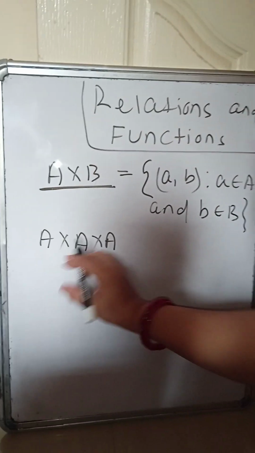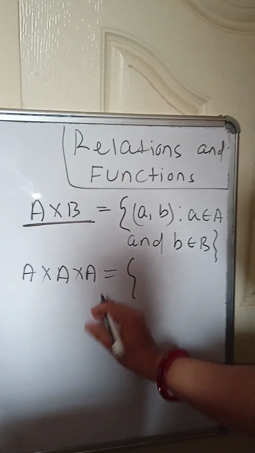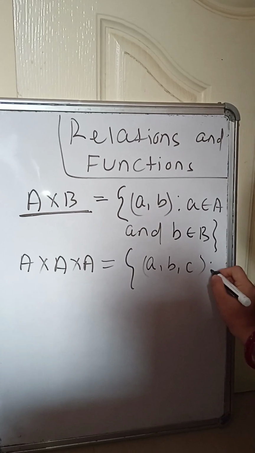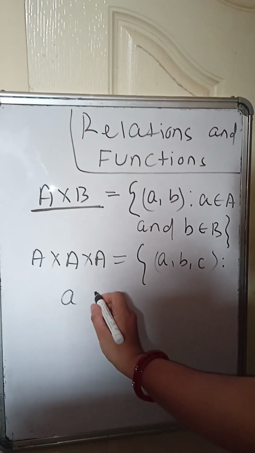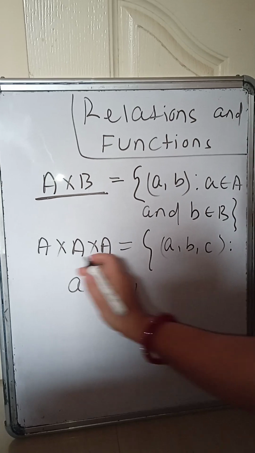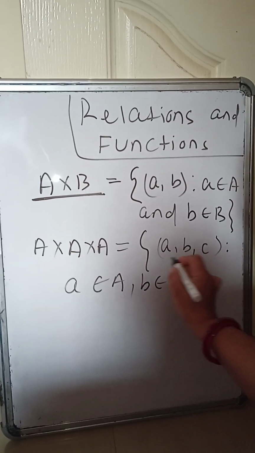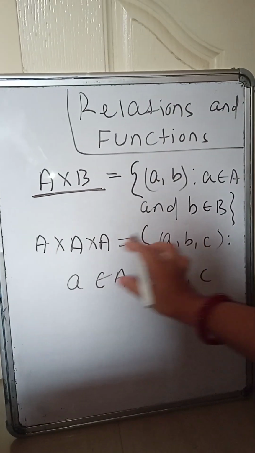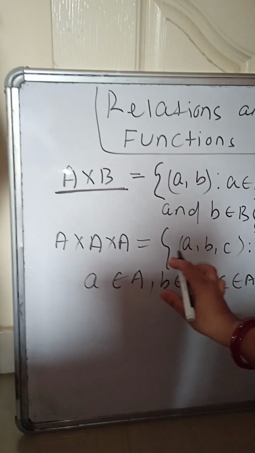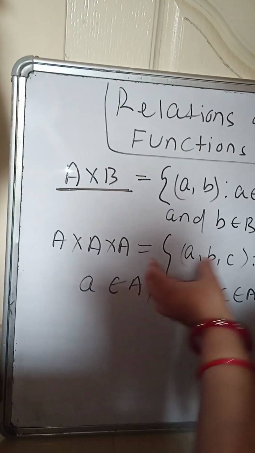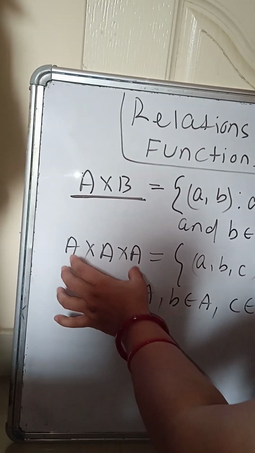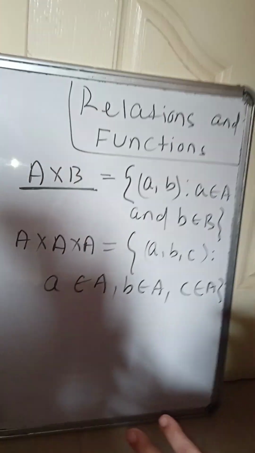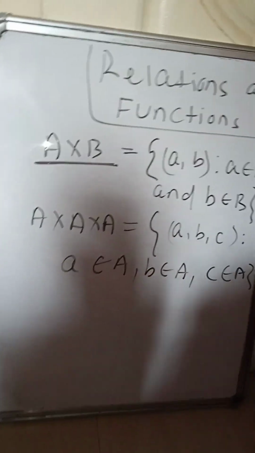An ordered triplet is a triplet (a, b, c), such that the first element of the ordered triplet belongs to your first set A, the second element b belongs to your second set B, and the third element c belongs to your third set C. In this way you collect all the ordered triplets, and you get the set which is your Cartesian product of three sets. This we discussed in our previous class. Also we discussed some remarks. Then today we will solve some problems.